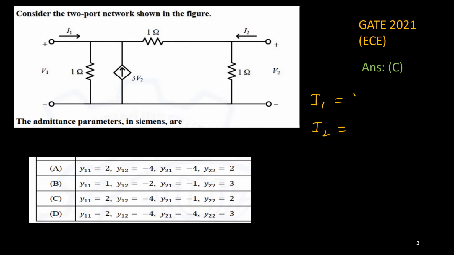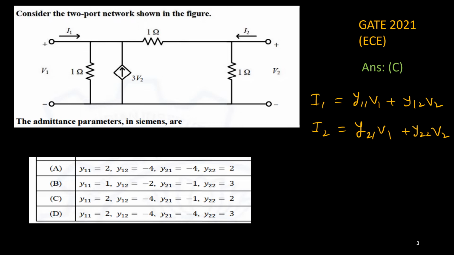So this is Y11 V1 plus Y12 V2, and for I2 it is Y21 V1 plus Y22 V2. If you can express I1, I2 in terms of V1, V2, then from this equation we can equate these parameters Y11, Y12, Y21, Y22, then we'll get the result, right?